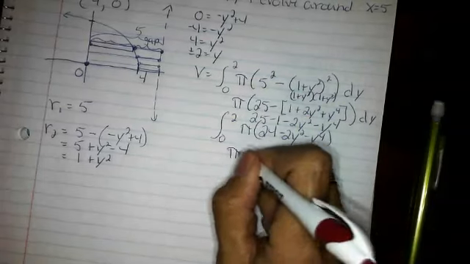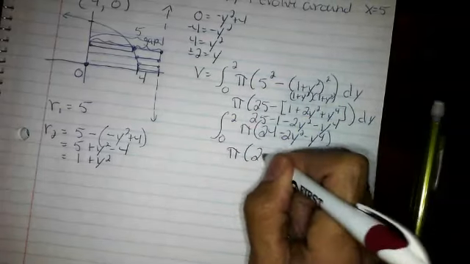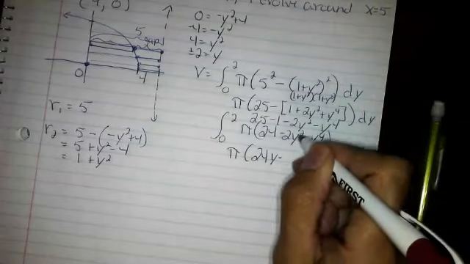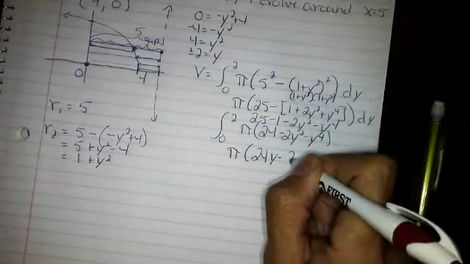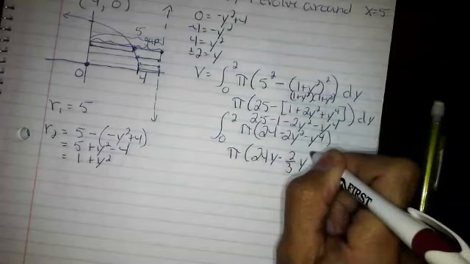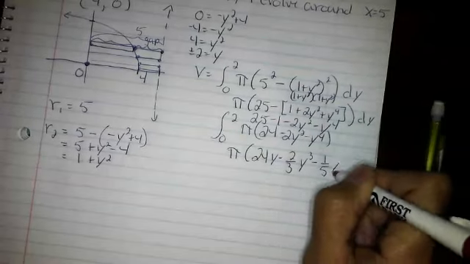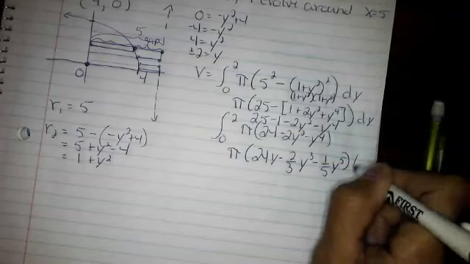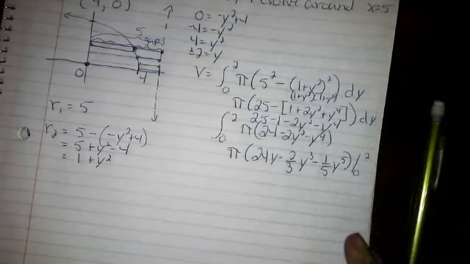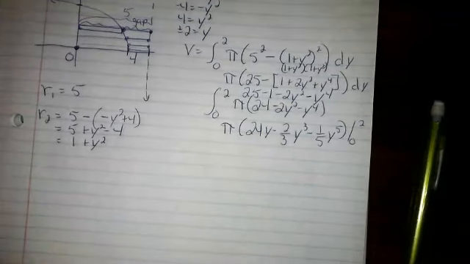So pi, that'll become 24y. That'll become a 3 1/3, so 2/3 y cubed. A 5 1/5. And then it's calculator work.